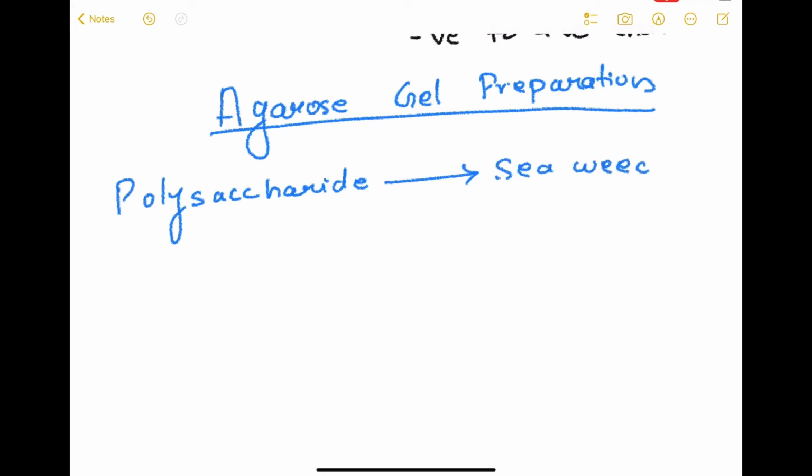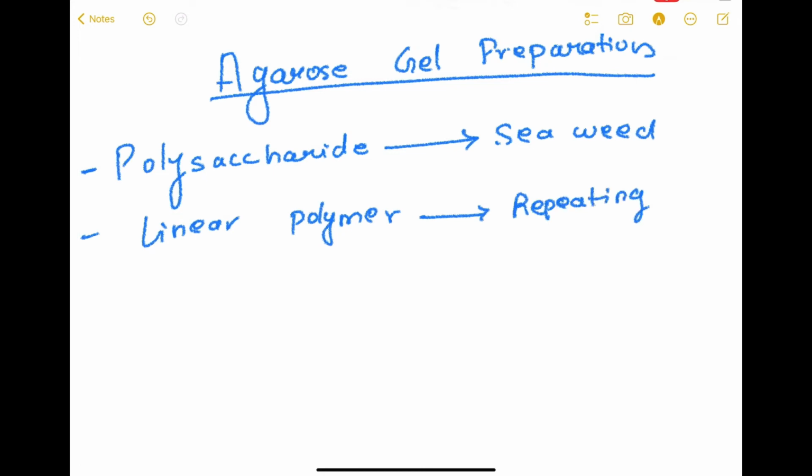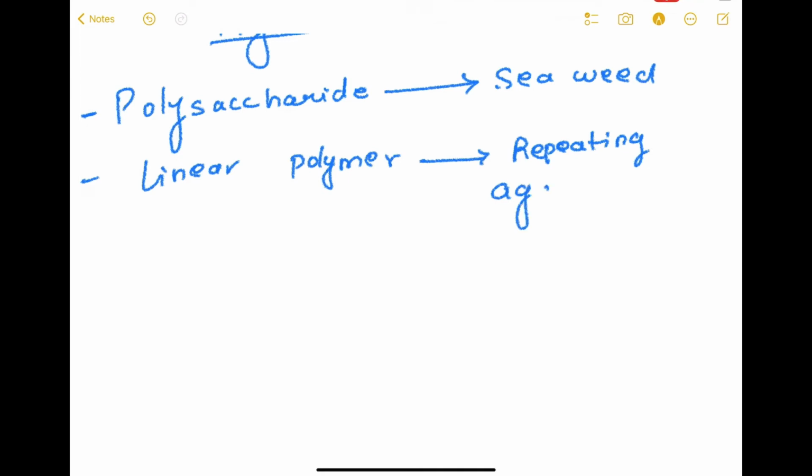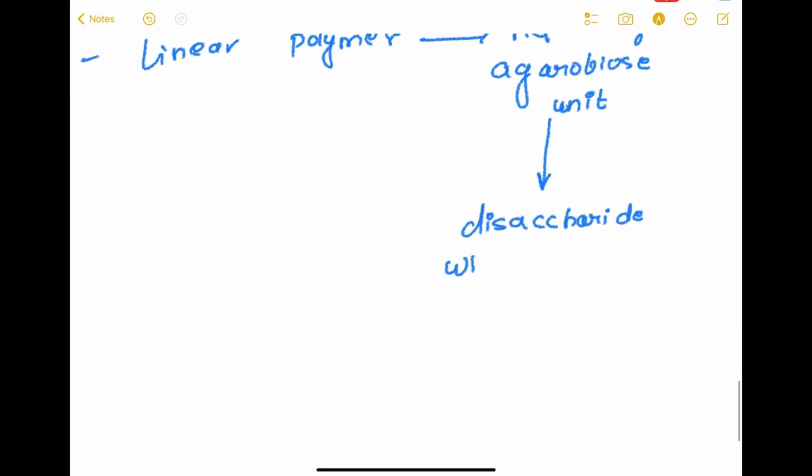It is a linear polymer made up of repeating agarose units. And this agarose unit is a disaccharide.